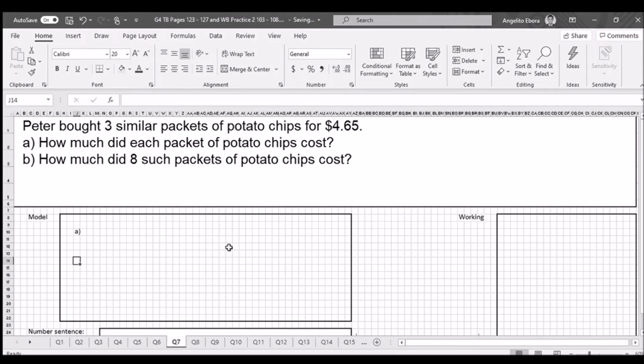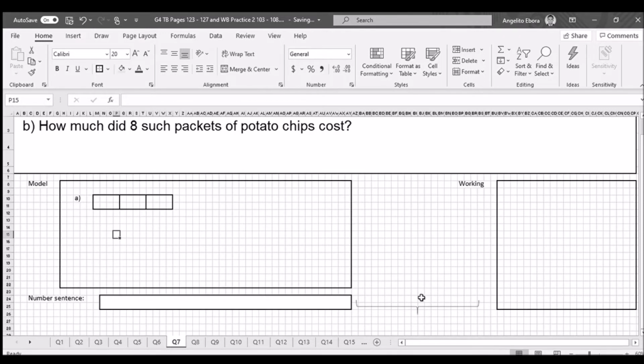Okay, so 3 packets. So let's say these are the packets. So 1, 2, 3. Okay, so the total, it says the total is $4.65.